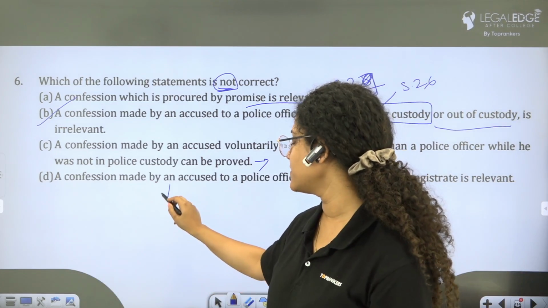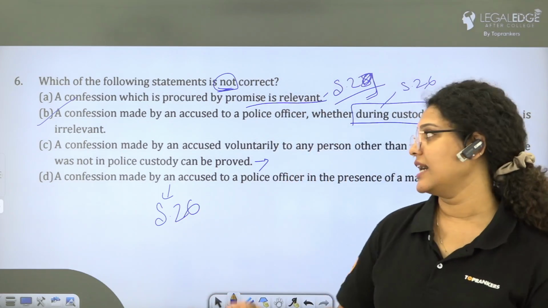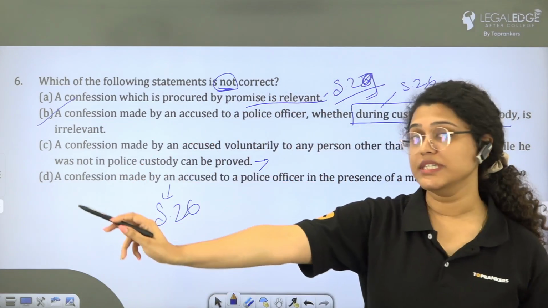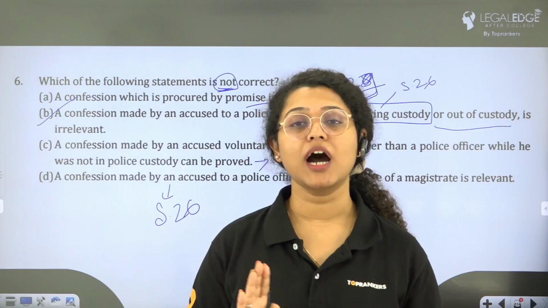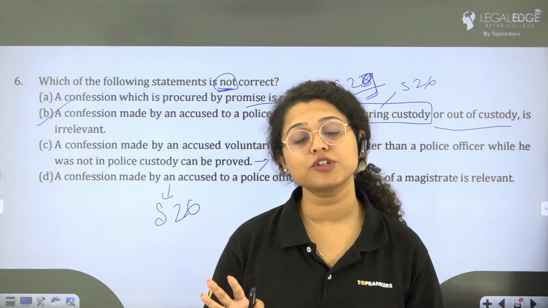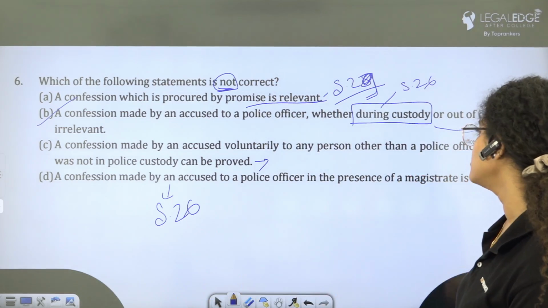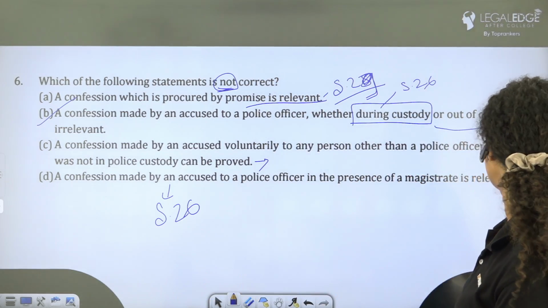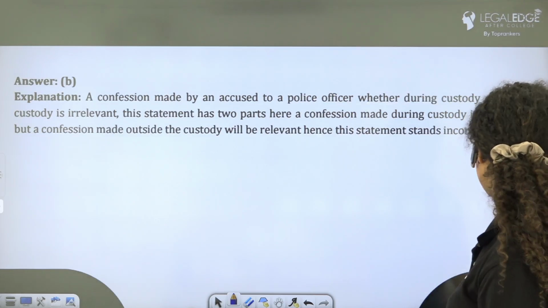This is also provided in Section 26. So your answer, which is not correct, is B, because it talks about a confession made to a police officer out of his custody. Okay? Right.